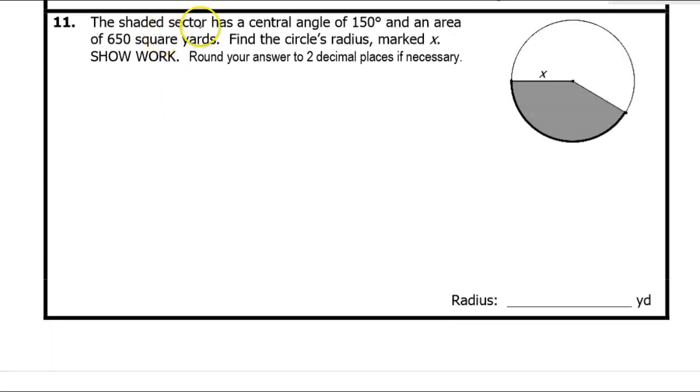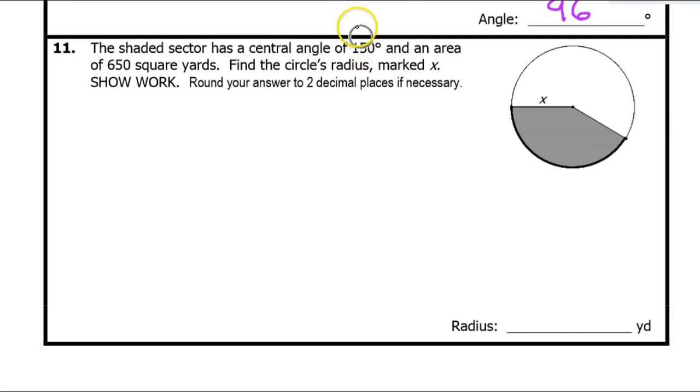Number 11, the shaded sector has a central angle of 150 degrees. Well, there's theta right there, as soon as I see 150 degrees, and an area of 650 square yards. So that's A, the area of the sector. Find the circle's radius.